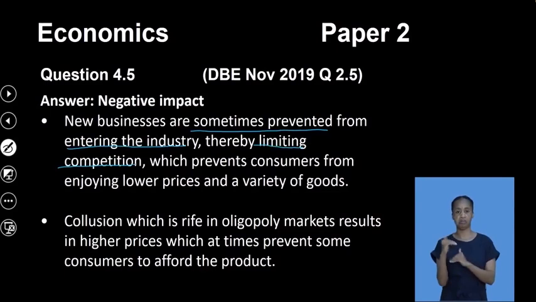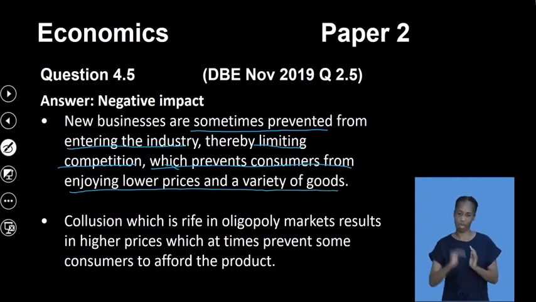There is a limit of competition, and it prevents consumers from enjoying lower prices and also a variety of goods and services there. So again, as a result of preventing of new businesses there is limited choice for consumers and prices are usually higher.